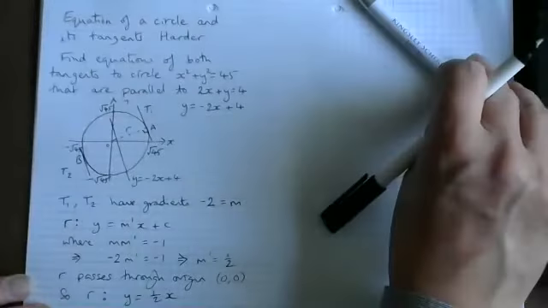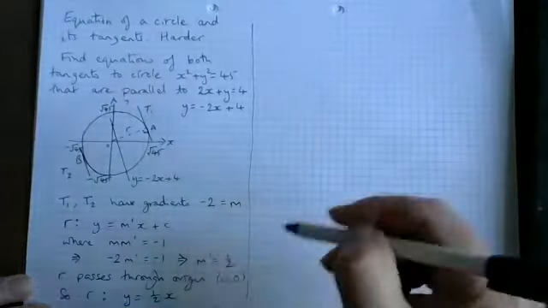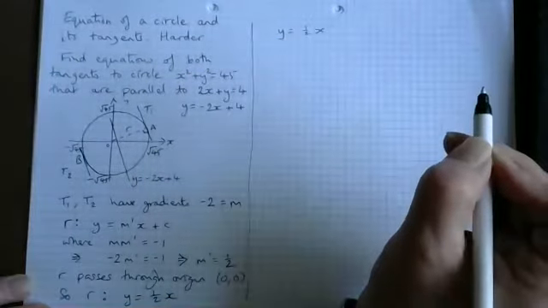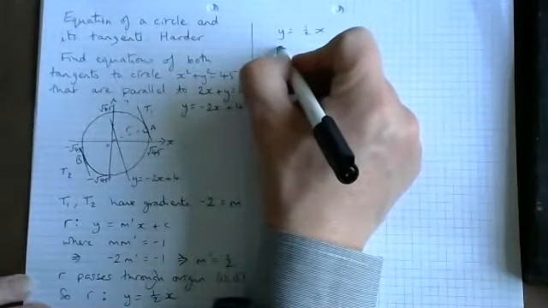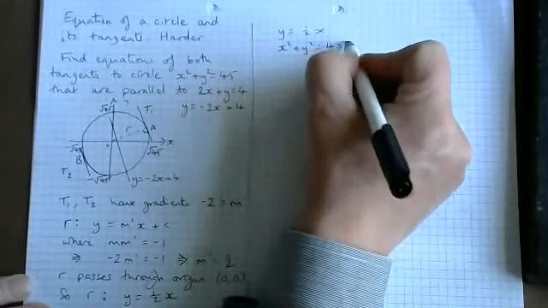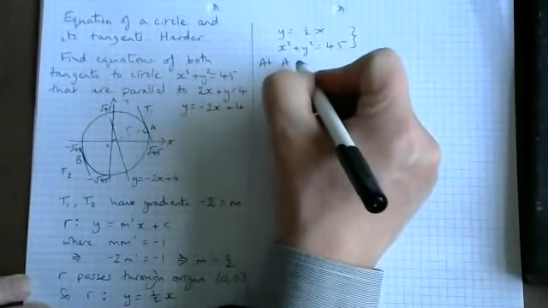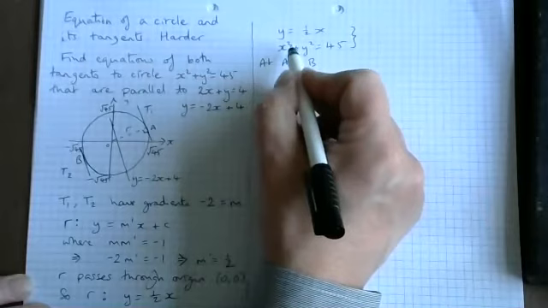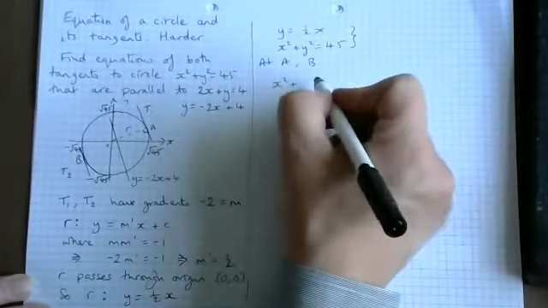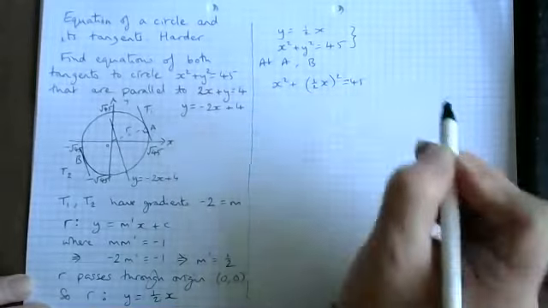So now I've got an equation that tells me that y equals a half x, and at A and at B, x squared plus y squared equals 45. So at A and B, let's substitute for y in there. X squared plus, well, y is a half x, squared equals 45.